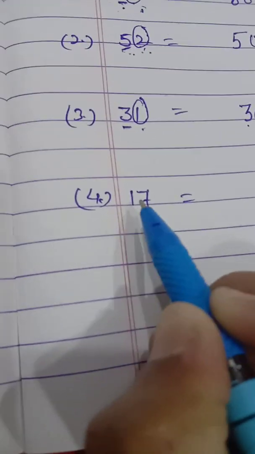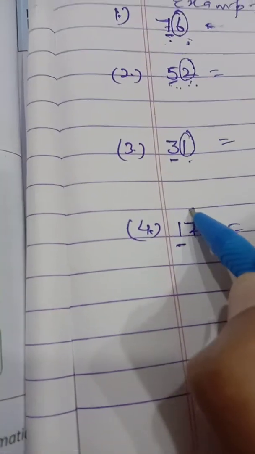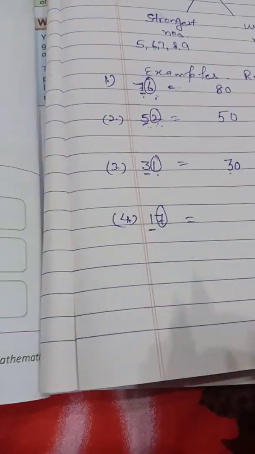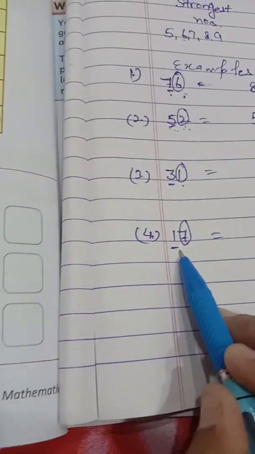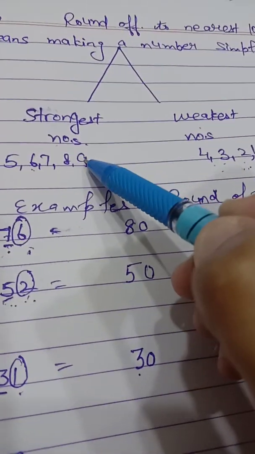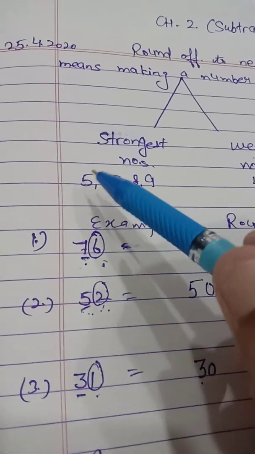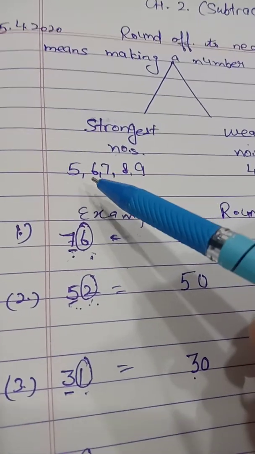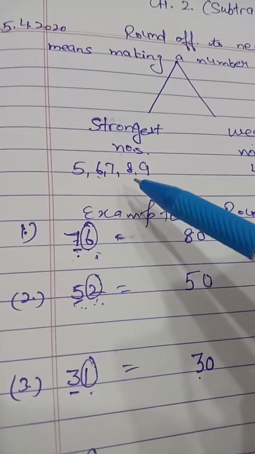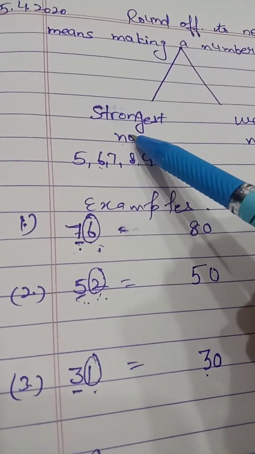So underline the tens place and circle the ones place. Then check where it is lying, in the strongest or the weakest numbers. 5, 6, 7, 8, 9. It is lying in the strongest group.